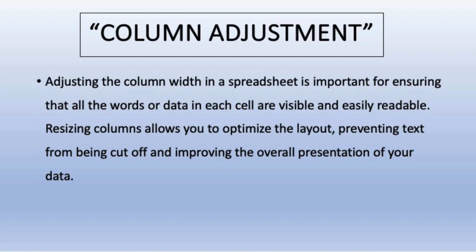Adjusting the column width in the spreadsheet is important for ensuring that all the words or data in each cell are visible and easily readable. Resizing columns allows us to optimize the layout and prevent the text from being cut off, which was uncomfortable to see, and it improves the overall presentation of our data.